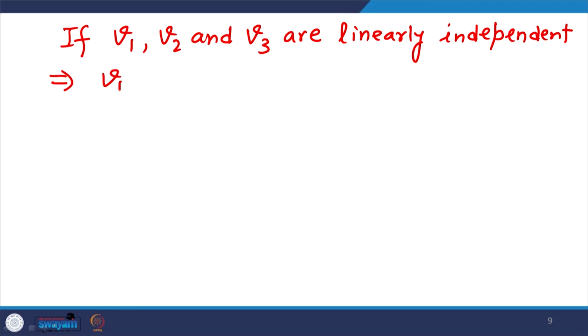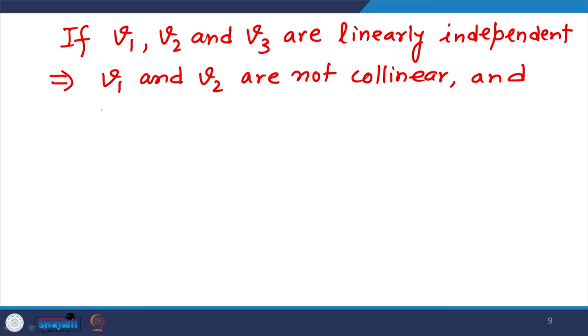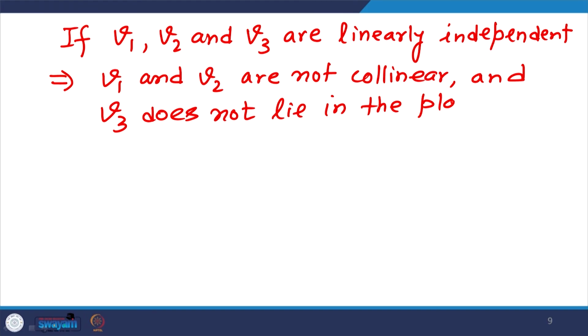It means v1 and v2 are not collinear and the vector v3 does not lie in the plane of v1 and v2. So, these are some geometrical interpretations of vectors in R2, R3.